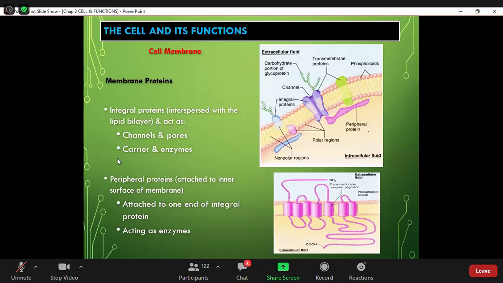The integral proteins could also be enzymes, just like your sodium potassium ATPase. The peripheral proteins are attached to the inner surface of the membrane.